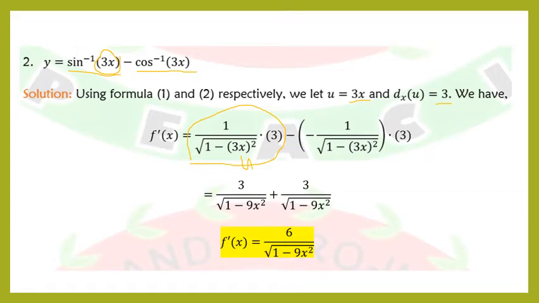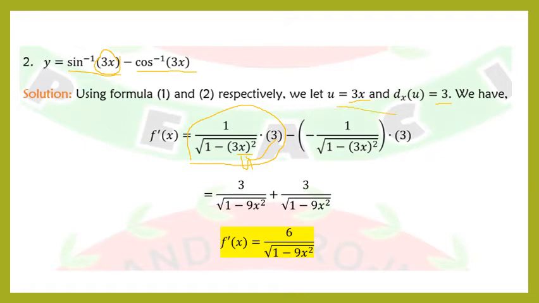And then, etong 3 na to is yan yung d of u with respect to x, or derivative of u with respect to x. So, ang derivative ni 3x, kaya yan naging 3, class. Yan yung derivative niya. Minus, kasi minus man yun.